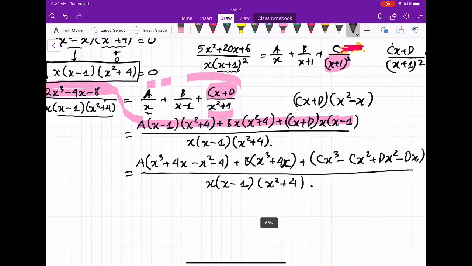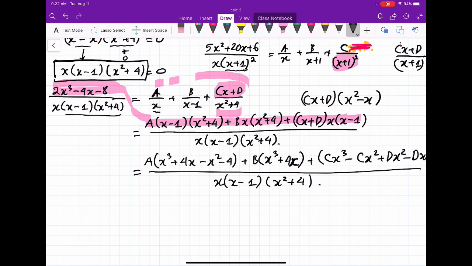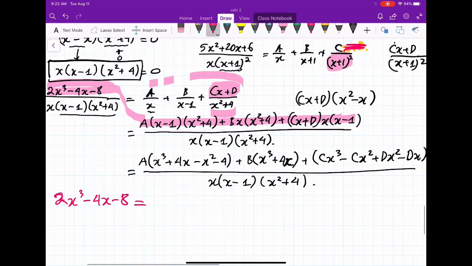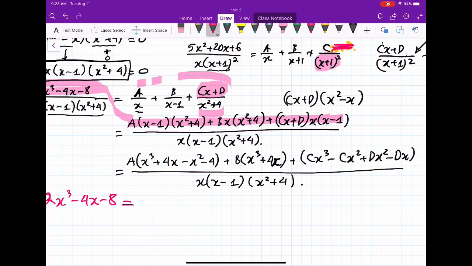And now I need to group all terms with x squared, x cubed, x and free coefficient, and compare with 2x cubed minus 4x minus 8. Let's see, we have x cubed in here, x cubed in here, and x cubed in here. So that means we have (a plus b plus c) x cubed. Now x squared in here, x squared in here.